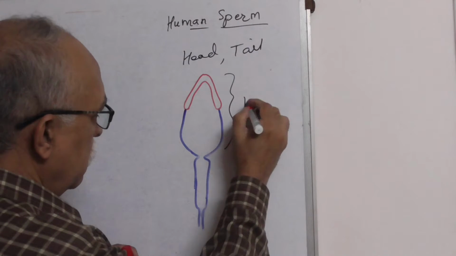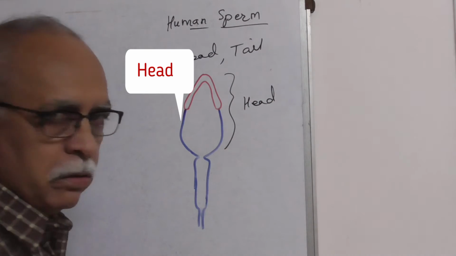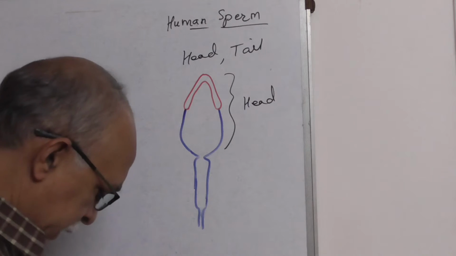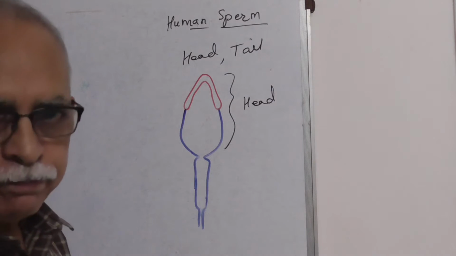This is the head. The rest all is tail, which will be divisible into different parts that I would talk about.